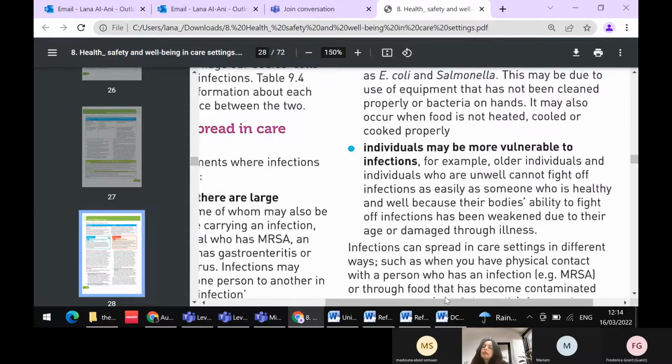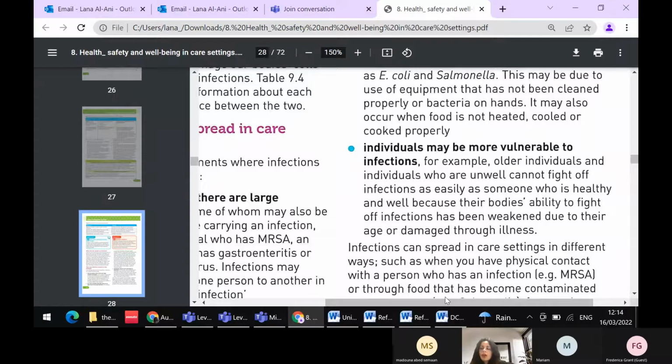Also, the spread of diseases can happen in the nursing home. Why? Because elderly people are very vulnerable, so infection can spread very fast.